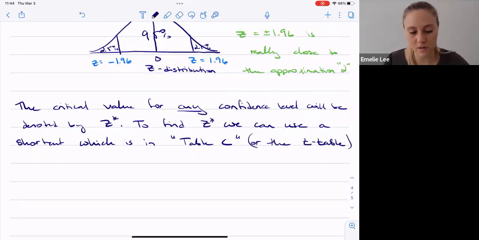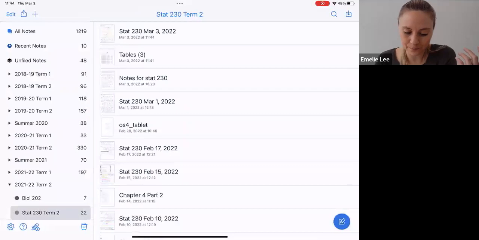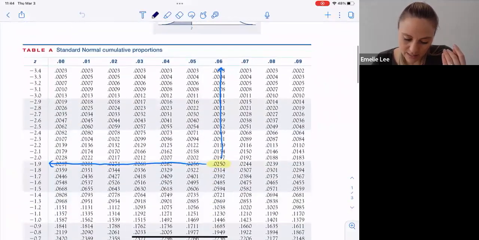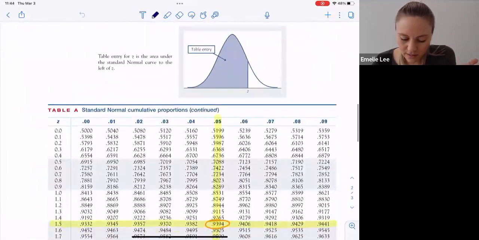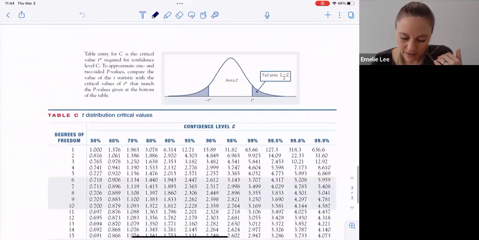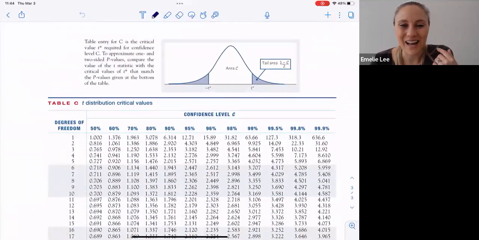In this document that I posted on Moodle, we start off with the Z tables, that's great. And then the negative side, and then the positive side. And then we have this second table, which in this case is called table C, but it's the T table.